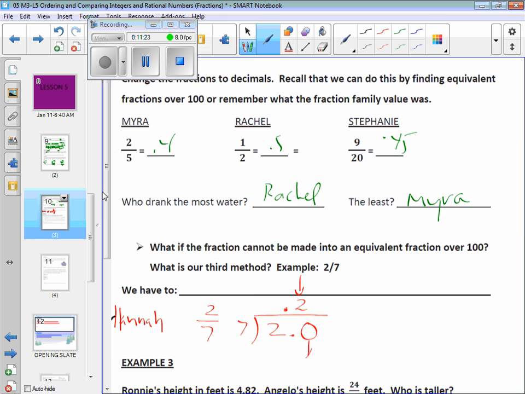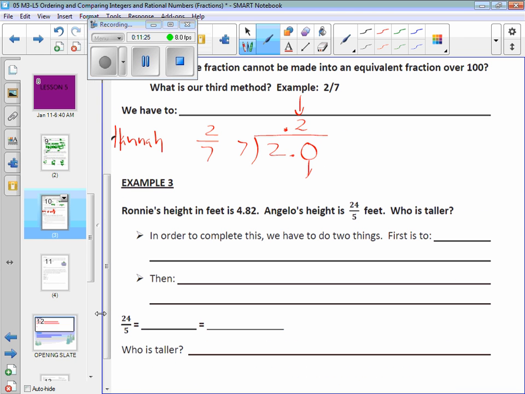All right, so last example. Mixed numbers and improper fractions. Fine, there we got 4.82. However, what kind of fraction is this? Improper. So we have to do two things.